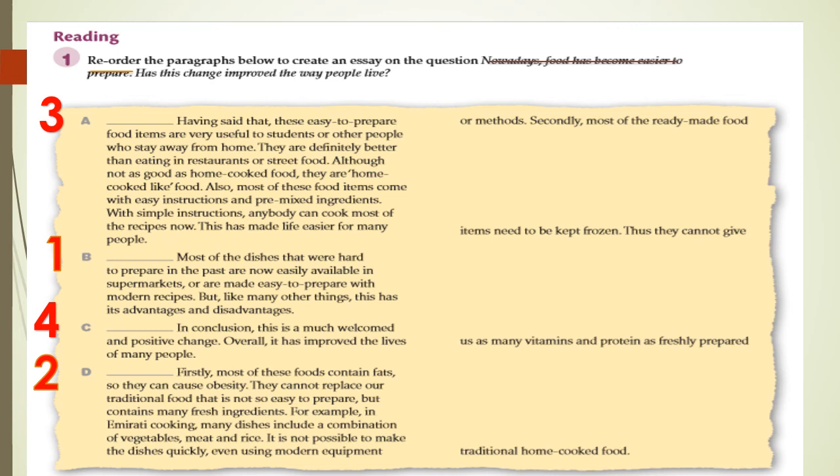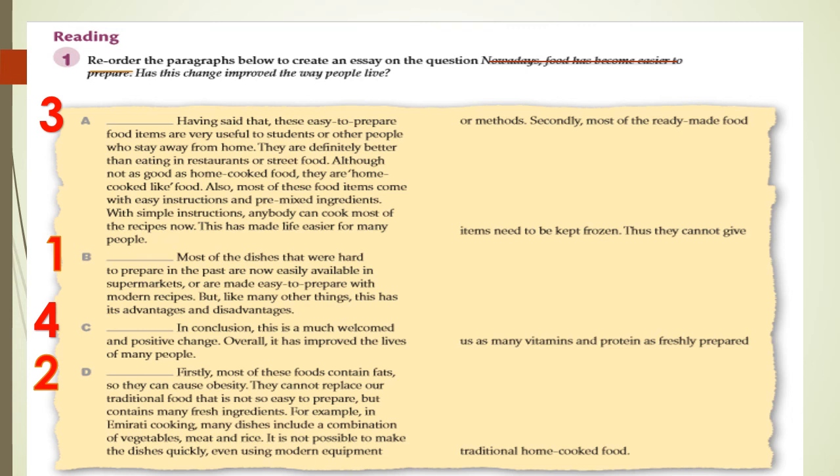number three, having said that, these easy to prepare food items are very useful to students or other people who stay away from home. They are definitely better than eating in restaurants or street food. Although not as good as home cooked food, they are home cooked like food. Also, most of these food items come with easy instructions and pre-mixed ingredients.